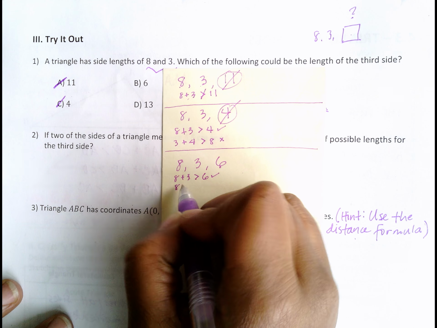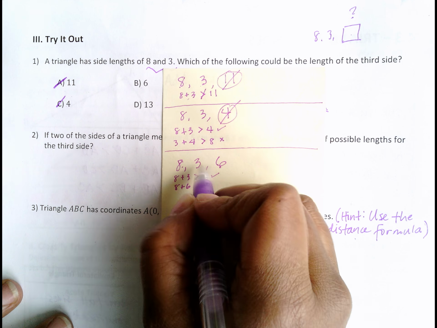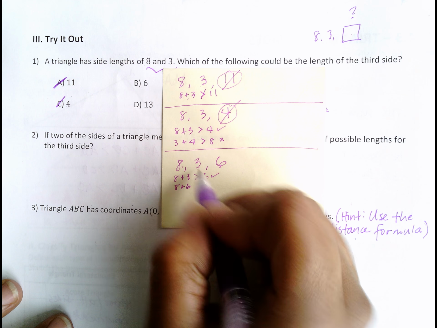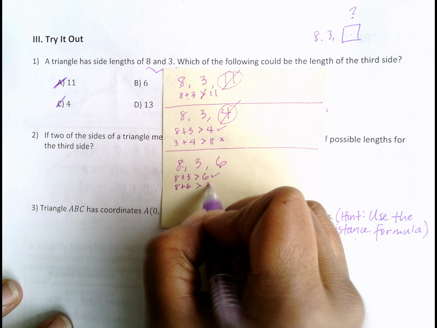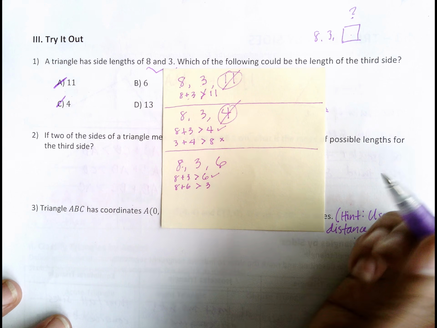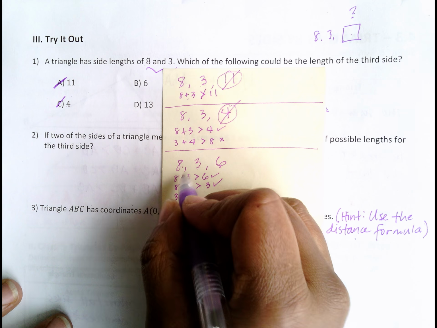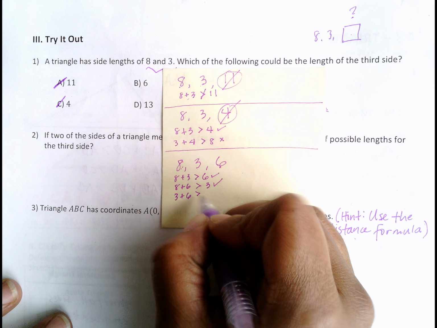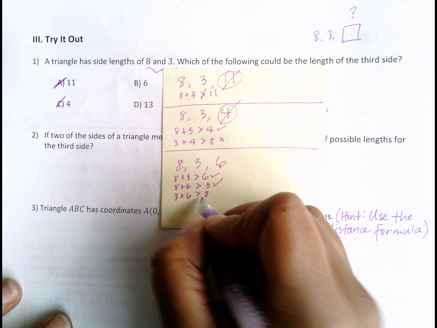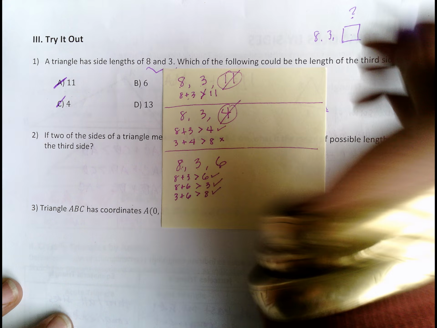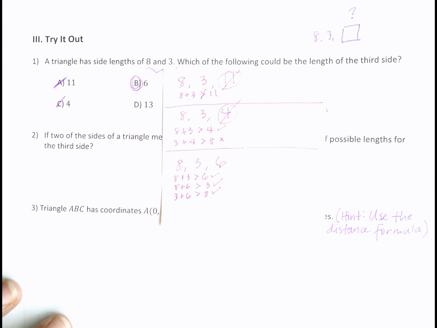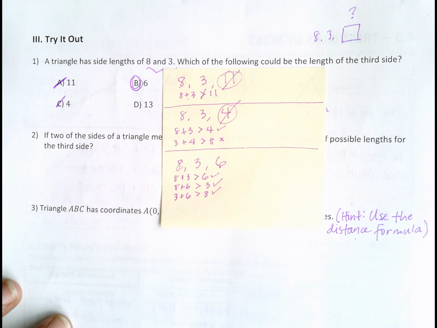And then 8 plus 6, because I got to test these sides too to see if they're greater than that 3. 8 plus 6, is that greater than the third side, which is 3? Yes, it's 14. Then 3 plus 6, is it greater than that third side? Yeah, because 9 is bigger than 8. So all three of them check out. Therefore, your answer is going to be 6, which is B.